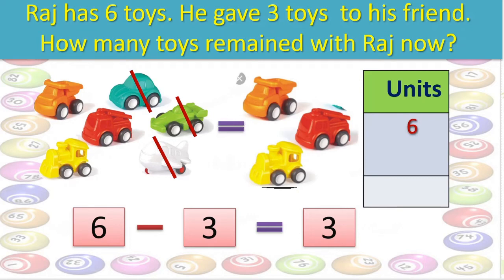So we'll write 6 minus, he gave 3 toys to his friend, so we'll write 3 here. So 6 minus 3 is equal to 3, right? This is subtraction in horizontal position and this is subtraction in vertical position. Got this? The answers are the same, that is 3.